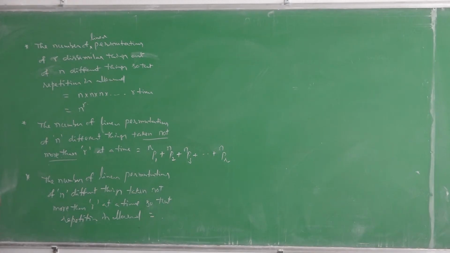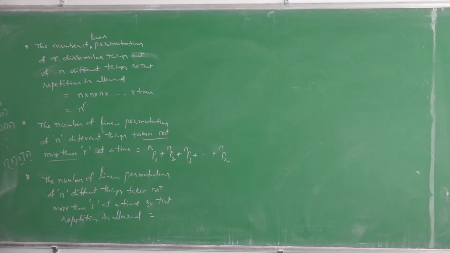Taking one thing means filling up one gap, two gaps, three gaps, like that, filling up of r gaps. Not more than r at a time means you can choose one thing out of n different things and arrange it. You can choose two things and arrange them, so that repetition is allowed.